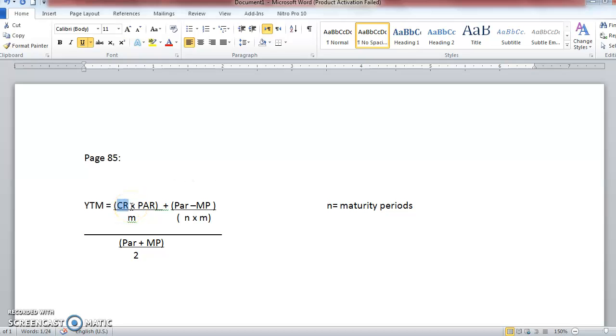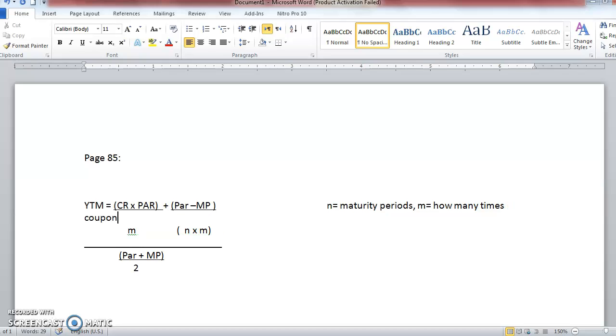So the coupon rate in percentage times the par value, normally for bonds is RM1000, and divide by M. M in your textbooks is actually referring to how many times the coupon is being paid.